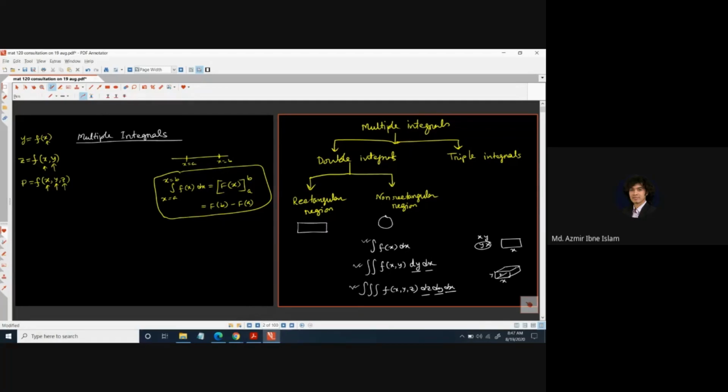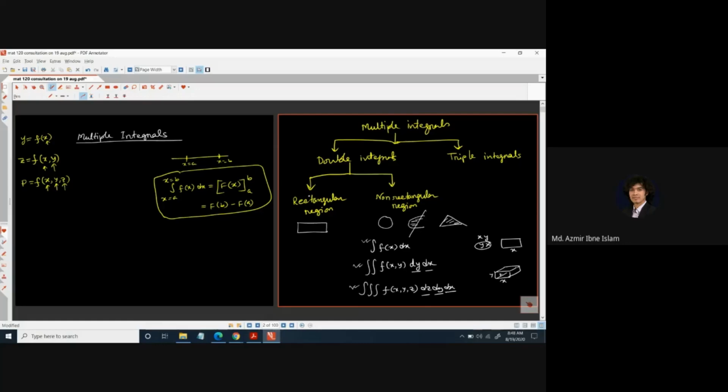Non-rectangular region means you may have a circle, you may have a parabola, or you have this type of shape, or this type of triangle. These are not rectangles. So double integrals can be evaluated over rectangular regions and non-rectangular regions.